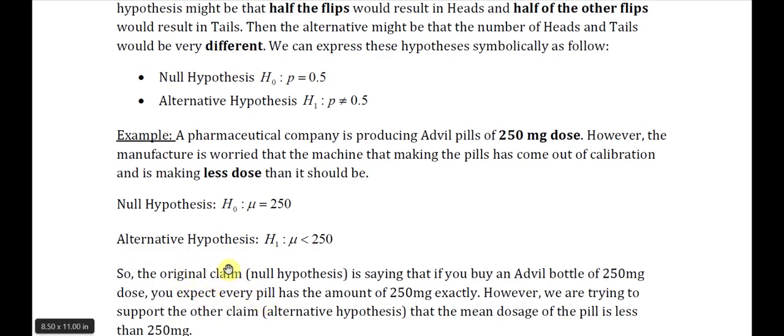So the original claim, which is the null hypothesis, says that if you buy a bottle of 250 milligram Advil, then you should expect that every pill has exactly 250. However, we are trying to support the claim, which is the alternative hypothesis, that the mean dose for the pill is less than 250.